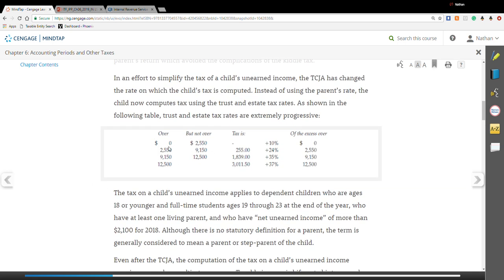So here we go. Over 0 but not over 2,550, tax is nothing.